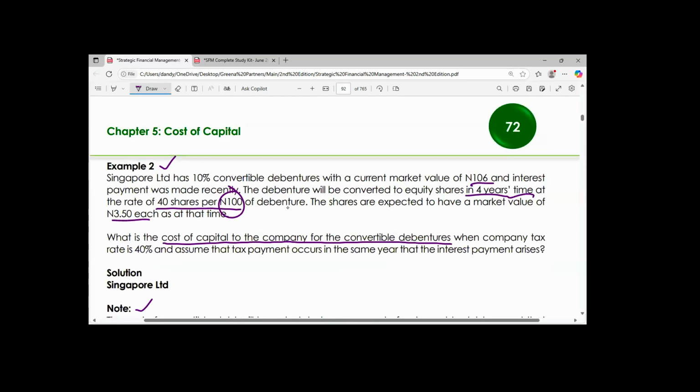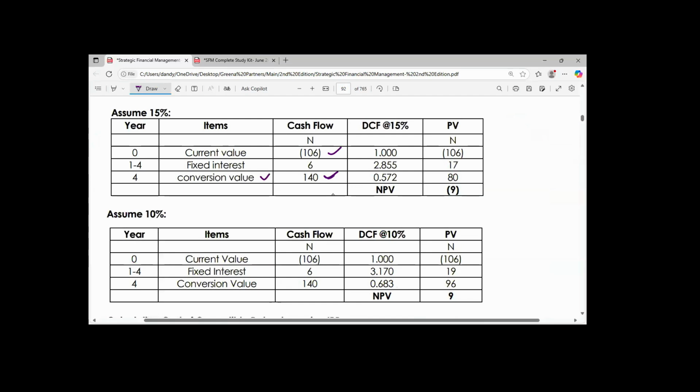We are told that Singapore Limited has 10% convertible debenture. That 10% is the coupon rate. If there is tax, we need to adjust for tax. You cannot just use the 10 like that. The examiner has given us a tax rate of 40%. So 1 minus 40% gives us 60%. 60% of 10 gives us 6. That's why you are seeing this 6 here.